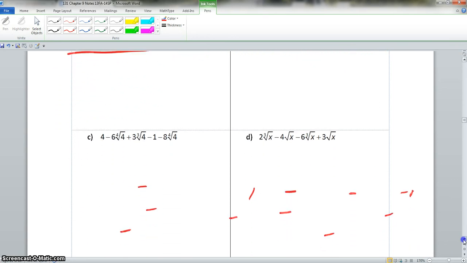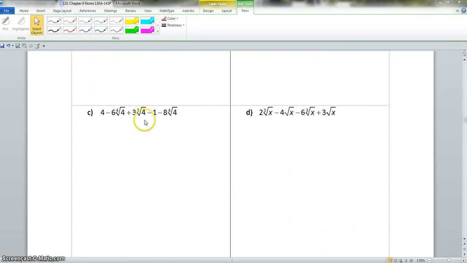Now we come down here to c. Now let's take a look here at c. We want to see if we have some like terms here. We know 4 minus 1 we know would give us 3. So that took care of those like terms. Now the only other like terms we have here is the 4th root of 4, 4th root of 4.